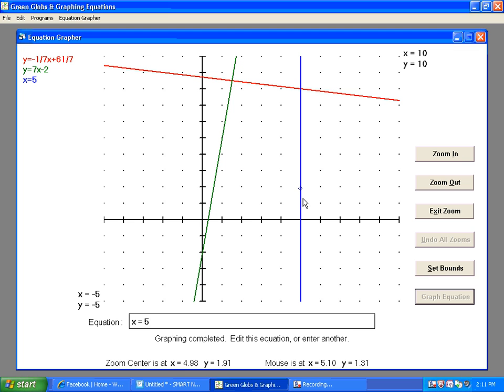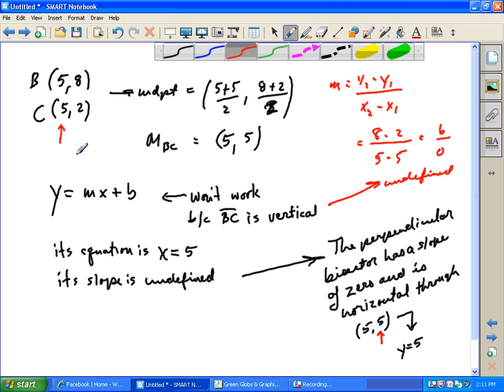But let me now find the perpendicular bisector. What did I say? Well, if it's vertical, its slope is undefined. So its perpendicular bisector has a slope of 0 and it's horizontal through (5, 5). And if it's horizontal, it has an equation that says y equals, well, what does y equal? 5. So I'm going to graph that as well.